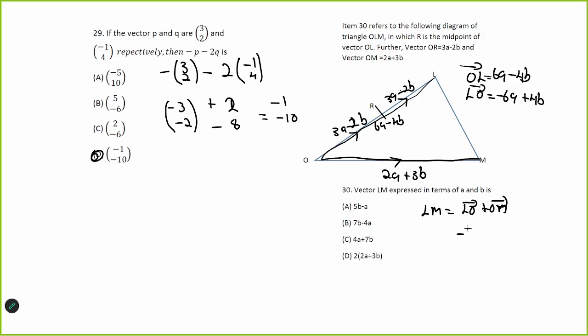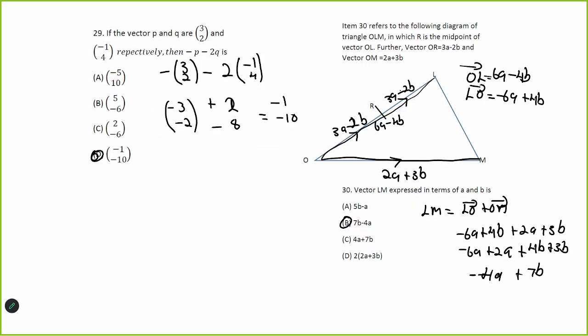LO is minus 6A plus 4B, and OM is plus 2A plus 3B. We group like letters: minus 6A plus 2A, and 4B plus 3B. Minus 6 plus 2 is negative 4A, and 4 plus 3 is 7B. So you want negative 4A and 7B. The only answer there will be B.